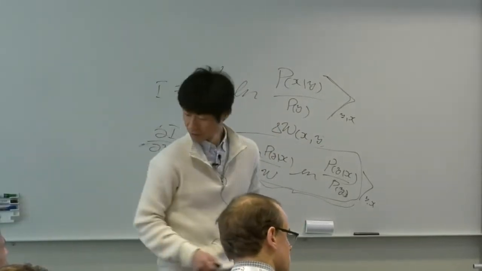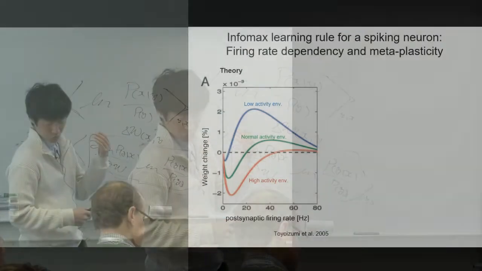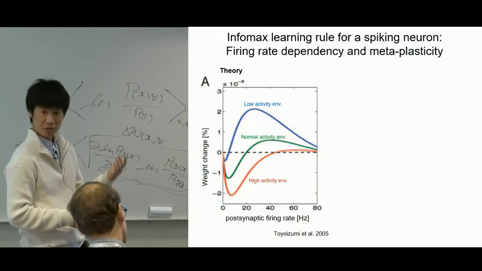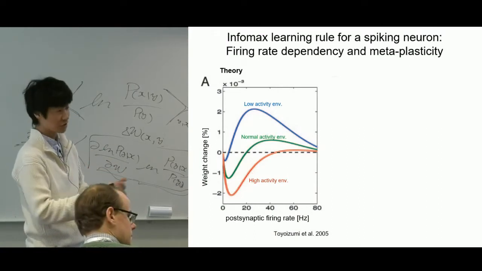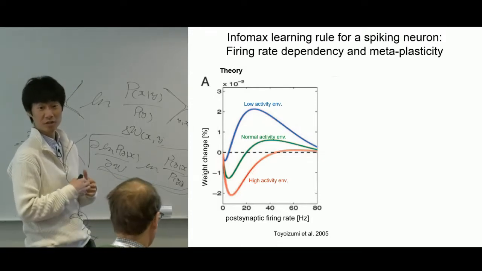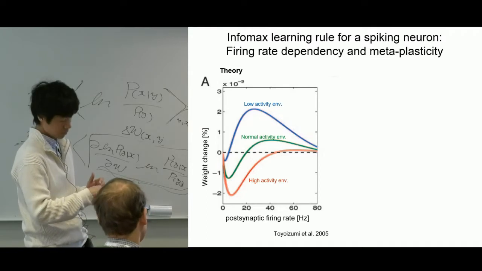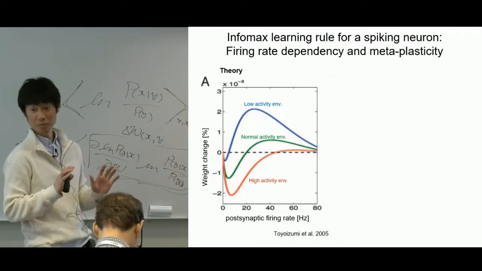Yeah, so it's a bit detailed, but anyhow, let's look at this green curve. You should change the synapse upon the receival of input. When the output firing rate is high, potentiate the synapses. When the output firing rate is low, depress the synapses. But this optimization has to be done within the energy budget limitation.